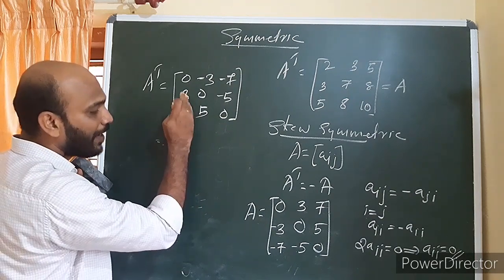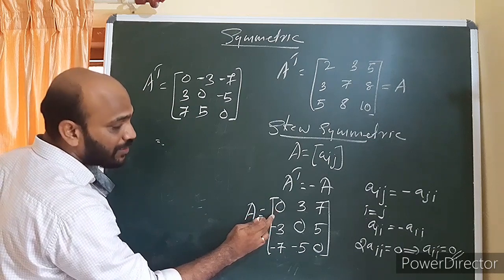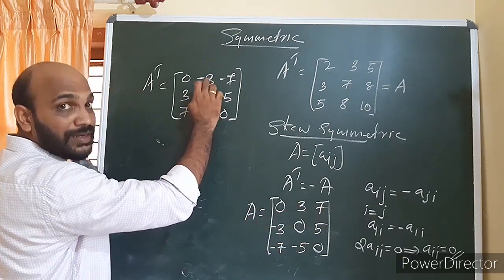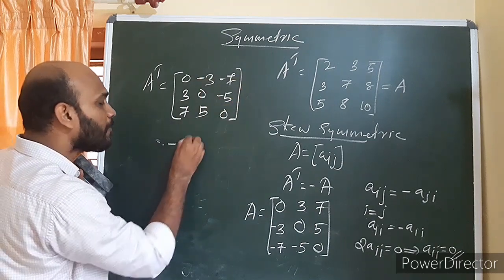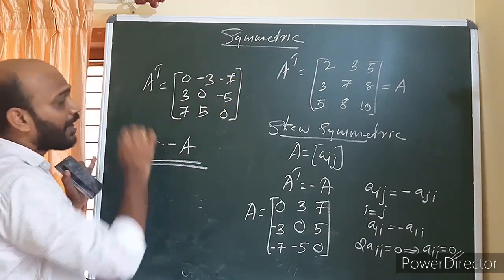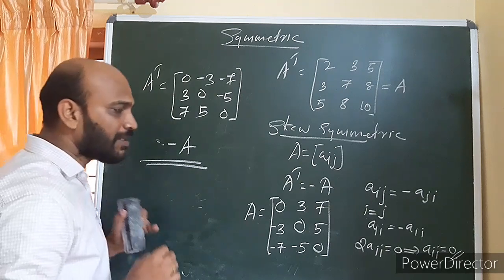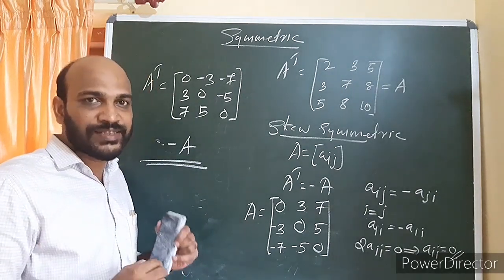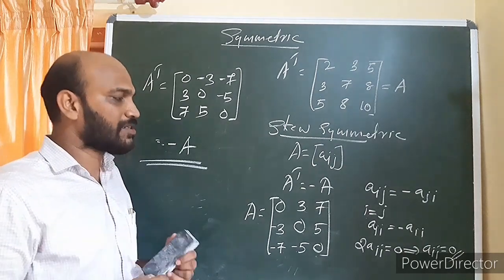This is clearly minus A because this one is A. So minus A means 0, minus 3, minus 7. Here we are getting minus 3, minus 7. So this is equal to minus A. So if A transpose is equal to minus A, we can say that matrix is skew symmetric. And if A transpose is equal to A, we can say that matrix is symmetric.